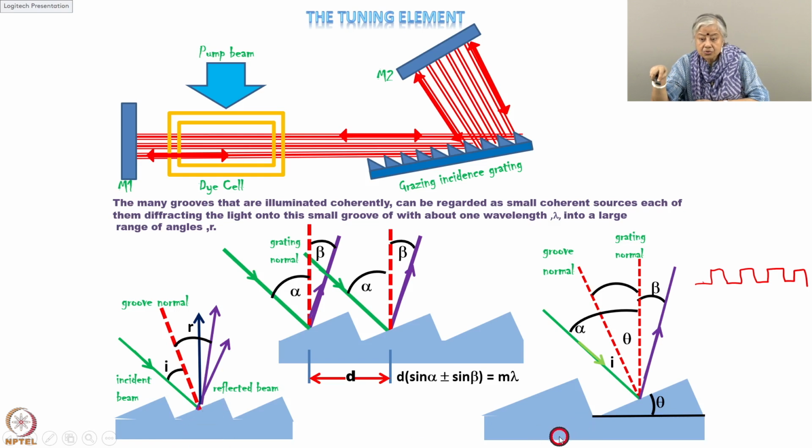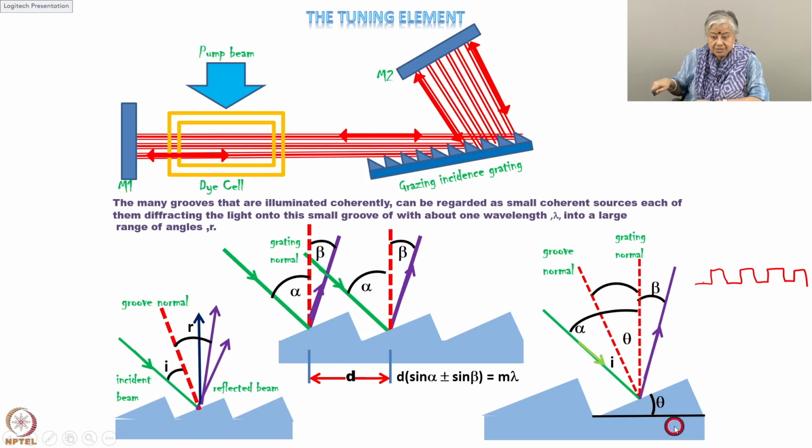Now, you see in this picture, I have drawn the grating normal as well as the groove normal. Okay. The grating normal is perpendicular to the base here, while the groove normal is perpendicular to this slanted surface, and there is an angle between them which you can understand, which is given by theta, and it is also the angle of the slant of this groove is theta.